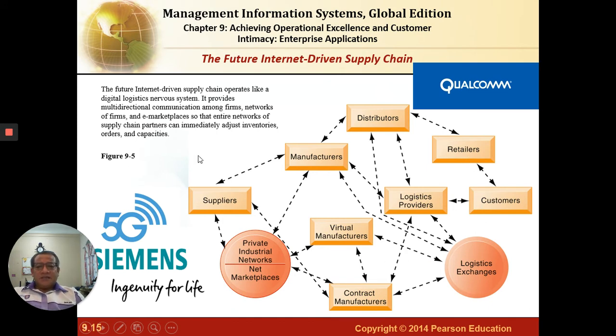So in future, when Siemens produces its products, they will be kept within their private industrial network supply chain, basically those bonded with Siemens. This is going to be a future internet-driven supply chain framework soon, because the internet is mostly handling the supply chain management networks and how they operate.